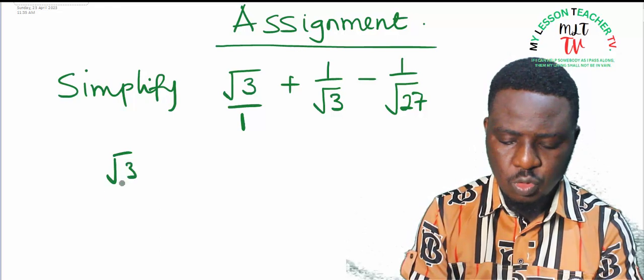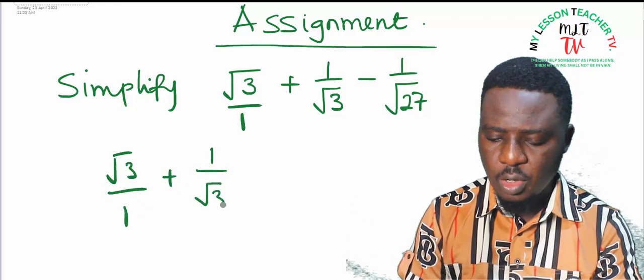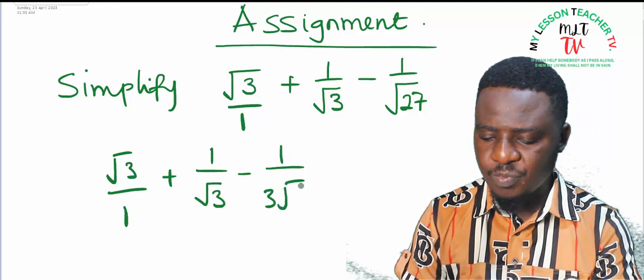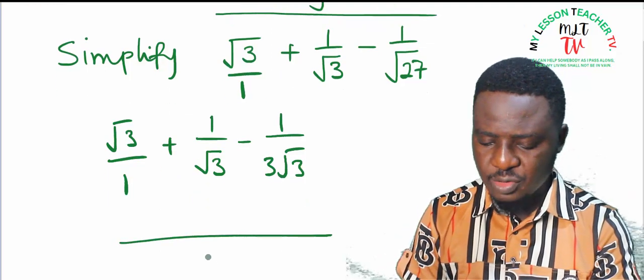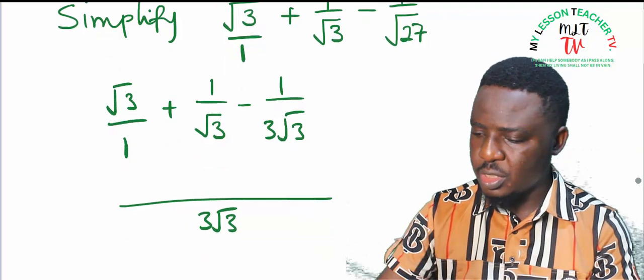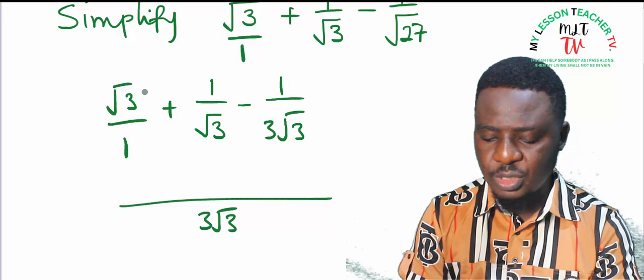This becomes root 3 over 1 plus 1 over root 3 minus 1 over 3 root 3. So when you look for the LCM, it is 3 root 3. And 3 root 3 divided by 1 is 3 root 3.